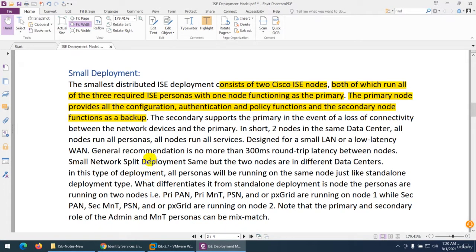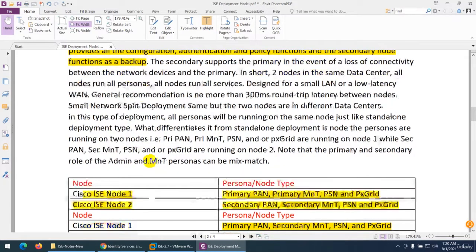So if a primary becomes disconnected, the secondary will play the role of primary. If a primary loses connectivity, it's okay. The second box will play the role of primary. So in short, two nodes in the same data center, all nodes run all personas, all nodes run all services.